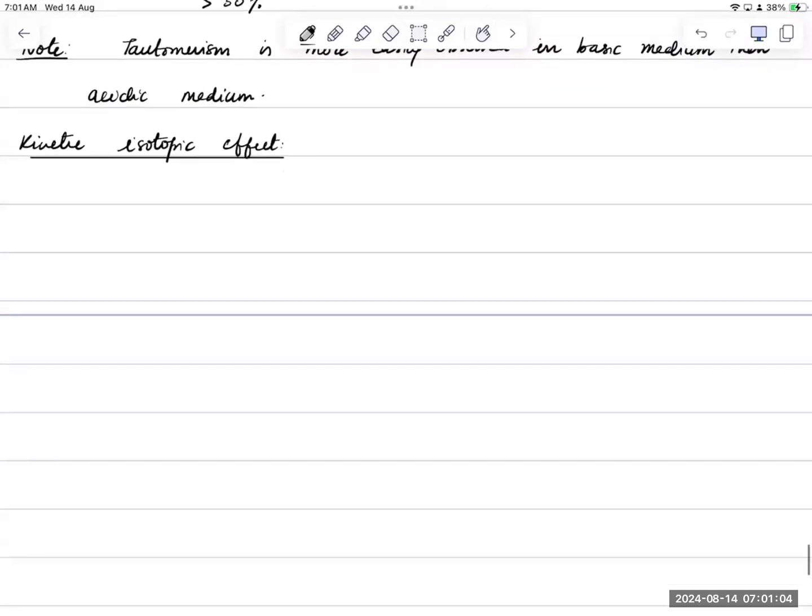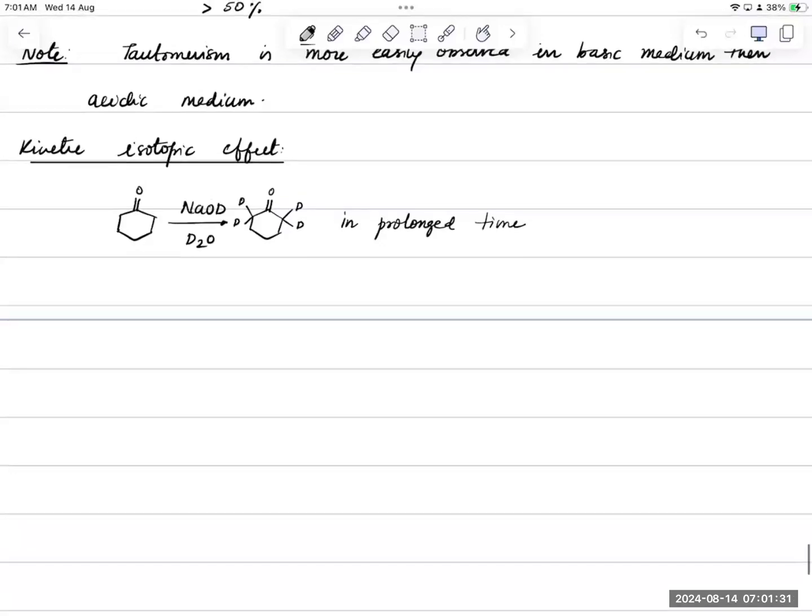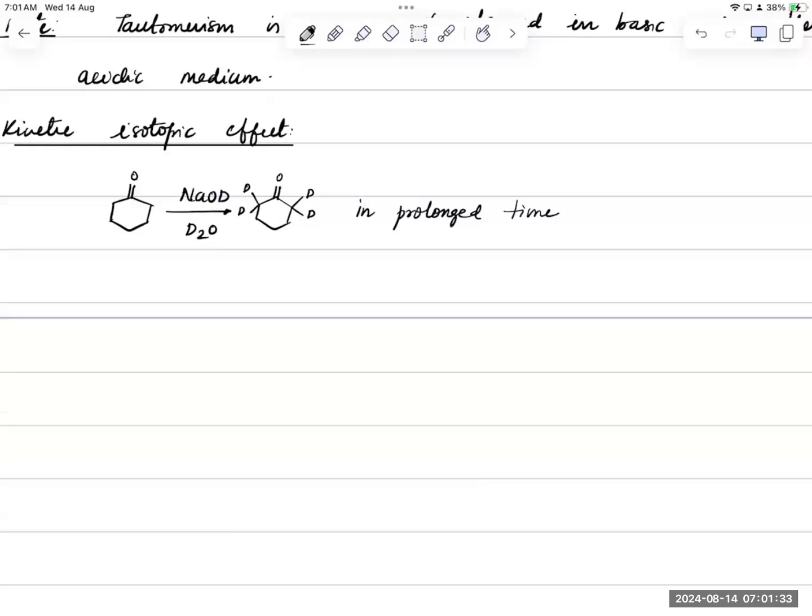Well, you see, due to tautomerism, if you have double bond O here and I treat with NaOD in the presence of D2, in that case, wherever there are hydrogens, there the deuterium exchange will happen. May not be instantly, but in prolonged time we will see this reaction will take place.